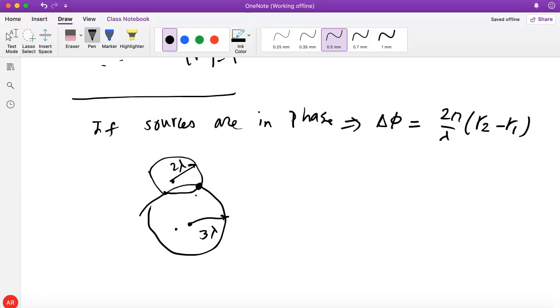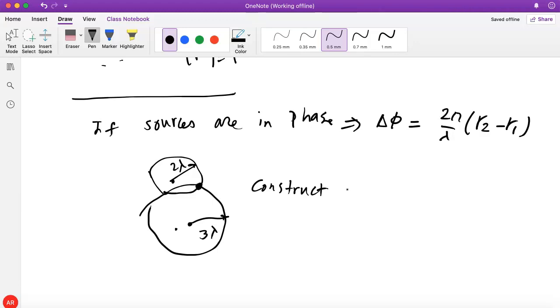So the difference between distances is just lambda, and that gives a phase difference of 2 pi. Those 2 sources clearly interfere constructively. We can see visually that we have 2 crests, these 2 wavefronts, and we can also check that the phase difference is a multiple of 2 pi. So that's constructive interference.